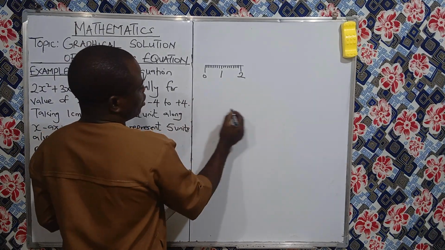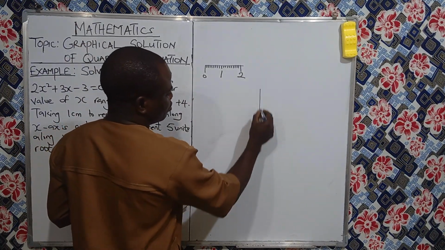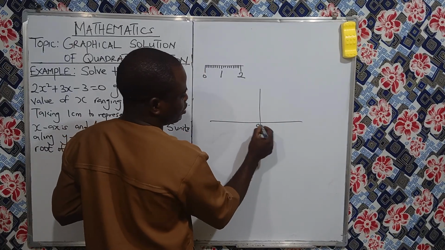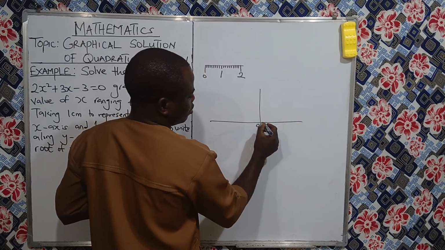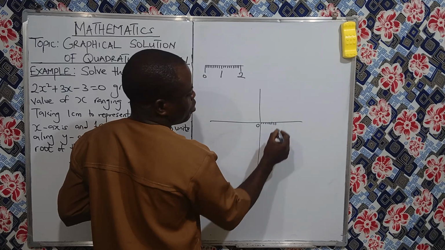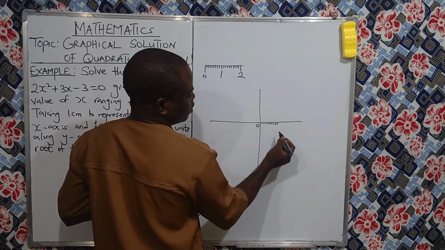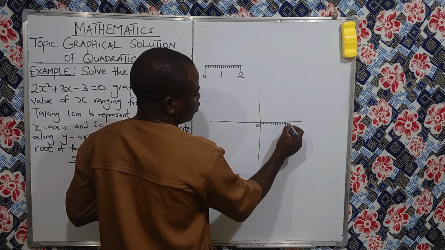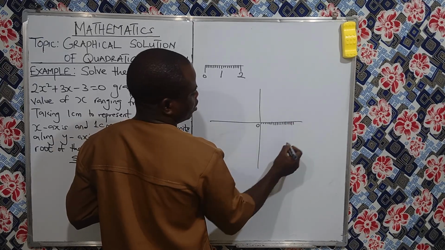Now, when you are plotting your graph, it will not be like this: 0, 1, 2, 3, 4, 5, 6, 7, 8, 9, 10, 11, 12, 13, 14, 15, 16, 17, 18, 19, 20.